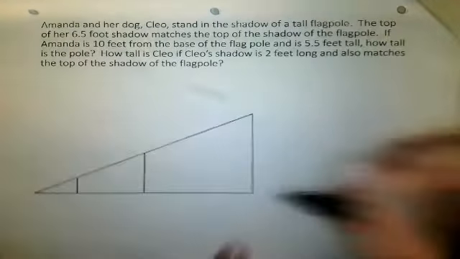And ladies and gentlemen, I have a question for you. If that's the tall flagpole, where is the shadow? Is it this or is it this? It's the thing on the ground. Thank you. It is the thing on the ground because that is where you see a shadow, right? You see it on the ground.